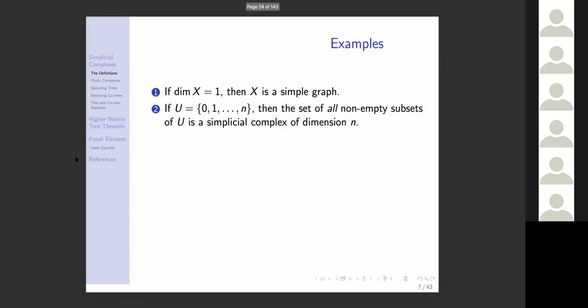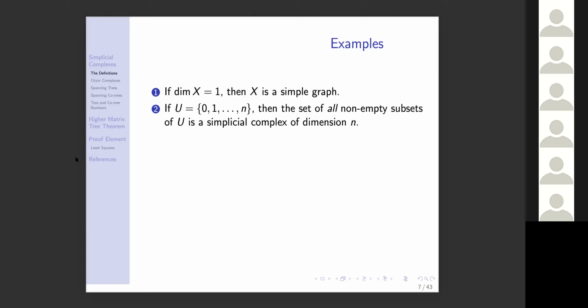Okay, so if the universe is a finite set with n+1 elements labeled 0 through n, then the set of all non-empty subsets of that universe, which is just a standard set with n+1 elements, is a simplicial complex of dimension n.